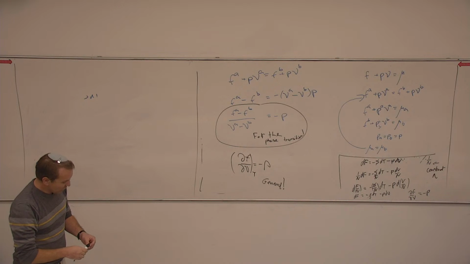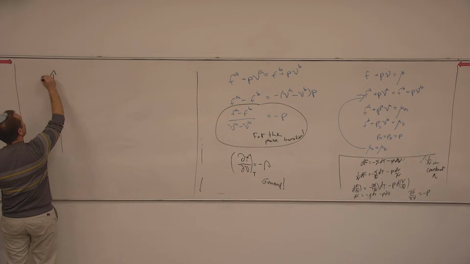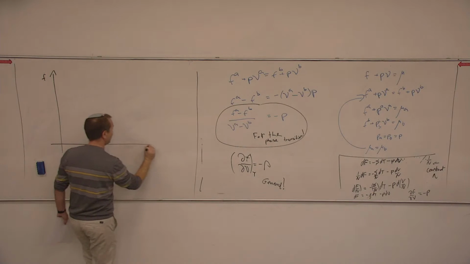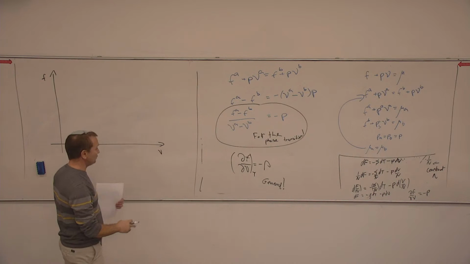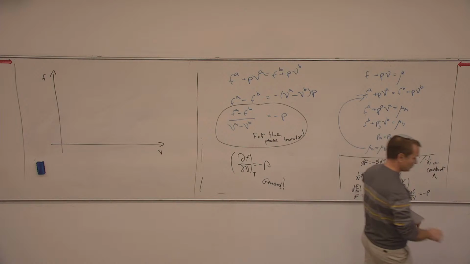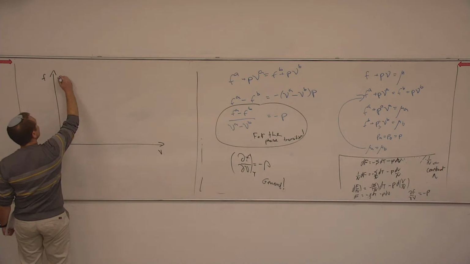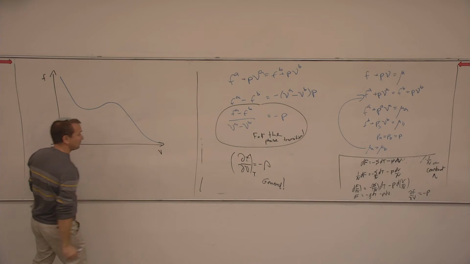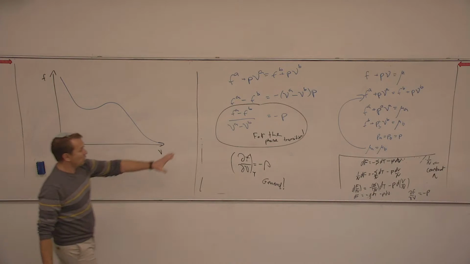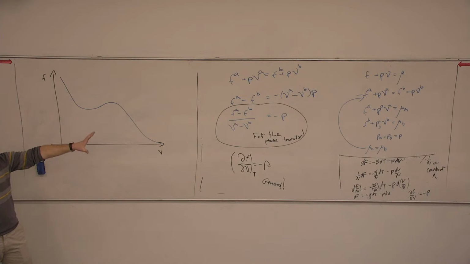Okay, so what happens if we plot our F as a function of V, as a function of nu, it will look something like this. Now, what we have over here is a hint of where to search for phase transitions.